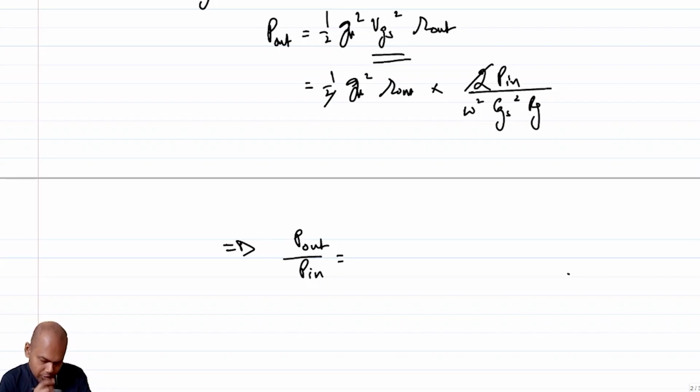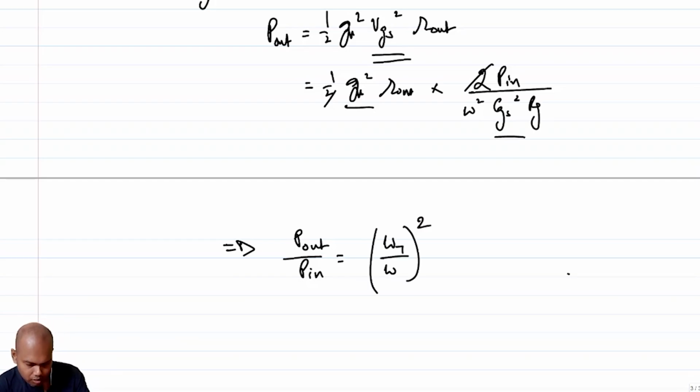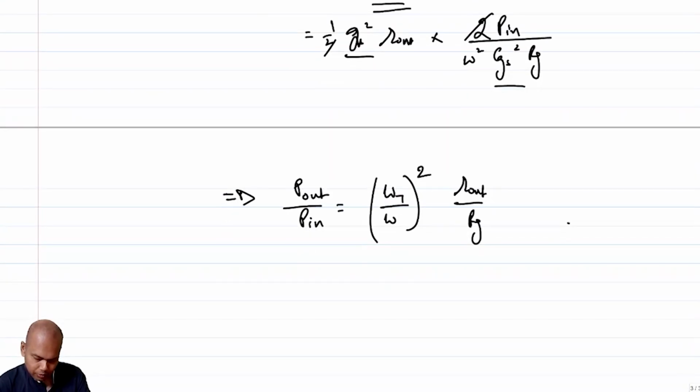This cancels. I know that GM over CGS is omega t, so this becomes omega t by omega whole squared times R out over RG, right? Which means your power gain is omega t by omega whole squared times R out over RG.